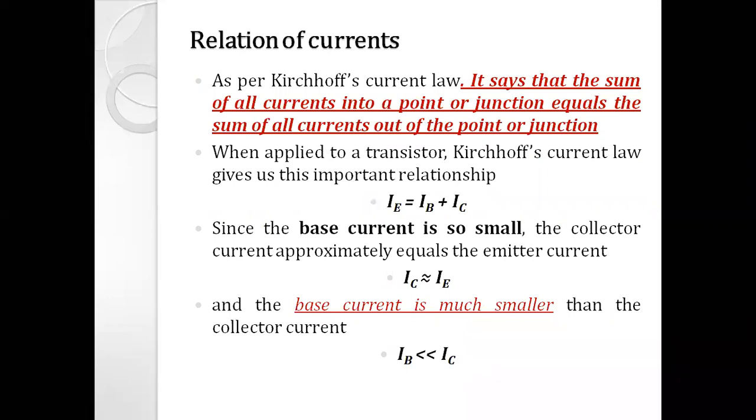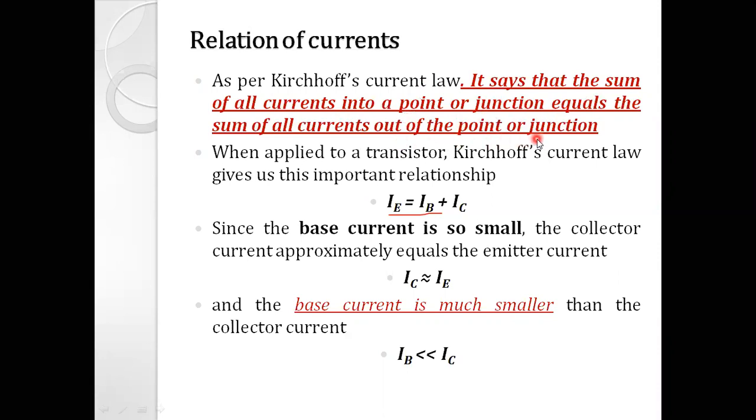From the operation, we can make this equation: the emitter current is nothing but the summation of the other two currents, that is the base current and the collector current, right? So as per Kirchhoff's current law, the sum of all currents into a point or junction equals the sum of all currents out of the point or junction.